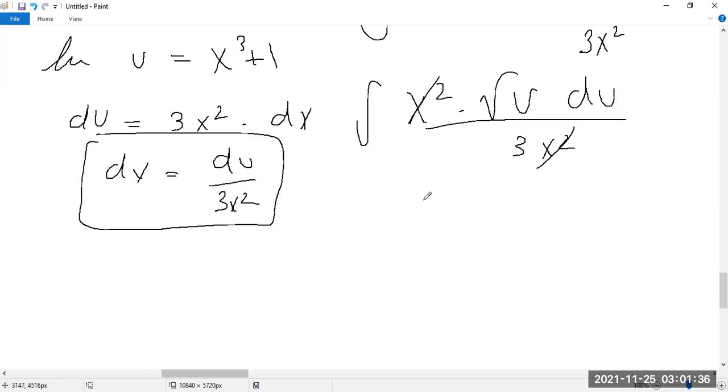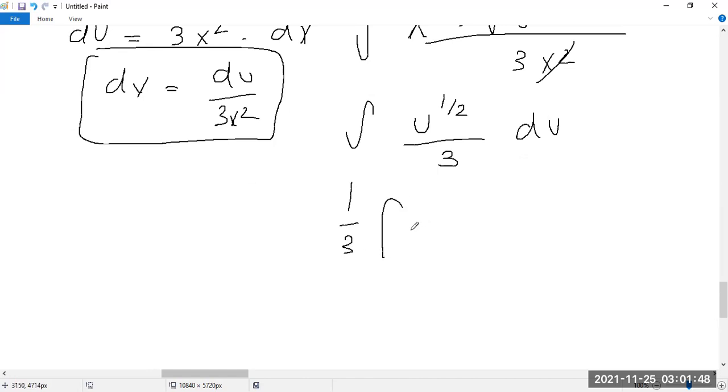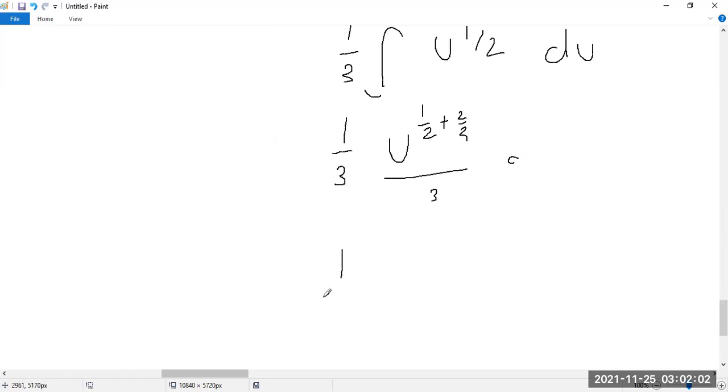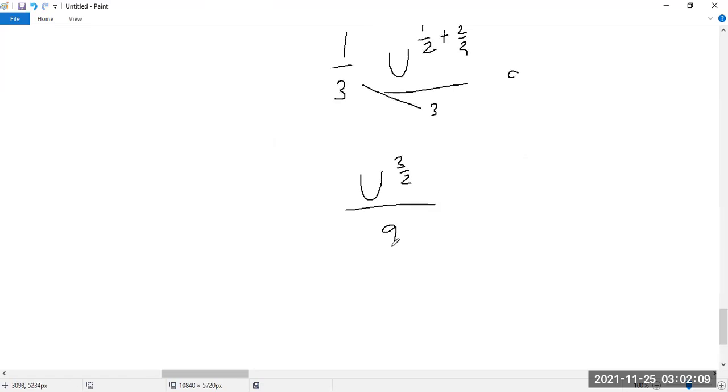These cancel out, and I would have the integral of u to the 1/2 over 3 du, which is 1 over 3 times the integral of u to the 1/2 du, which is 1 over 3 u to the (1/2 plus 2/2), which is 3/2, over 3/2.